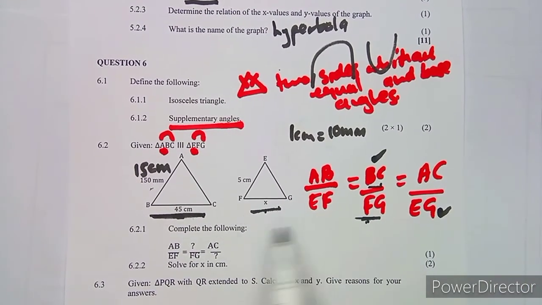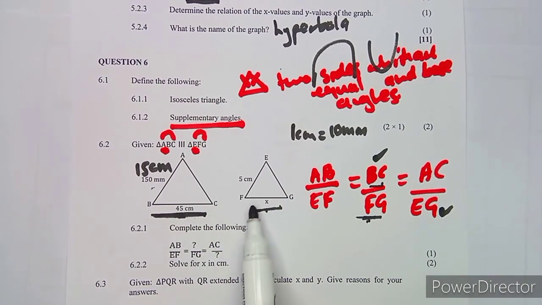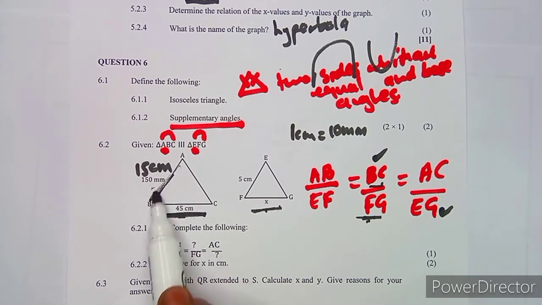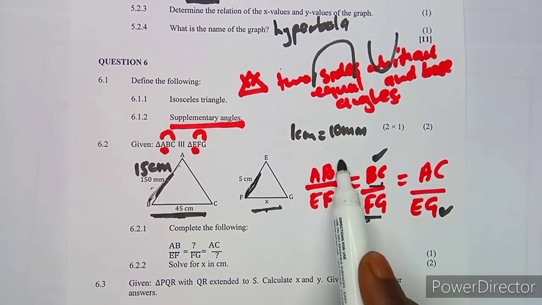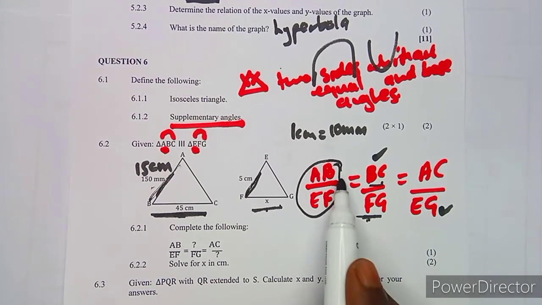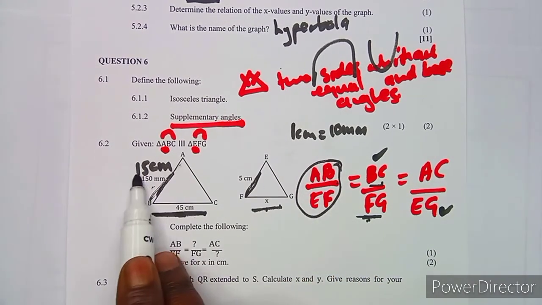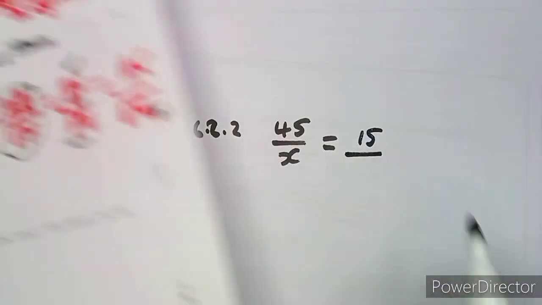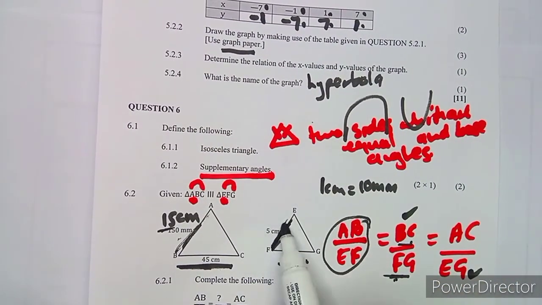All right, so which other side is complete? We have got this one of AB and EF. So you're going to equate to this one, which is AB in centimeters, 15, so it's 15 over 3 over 5.